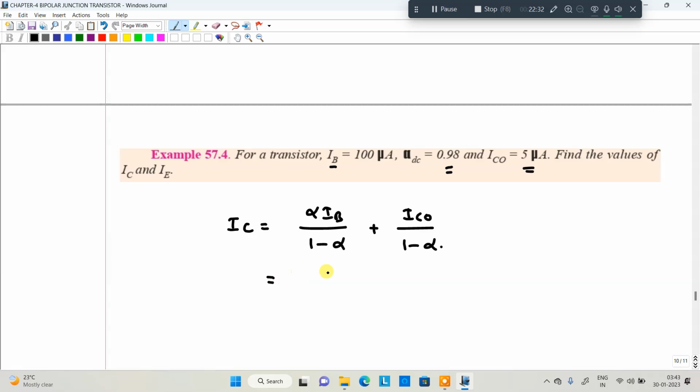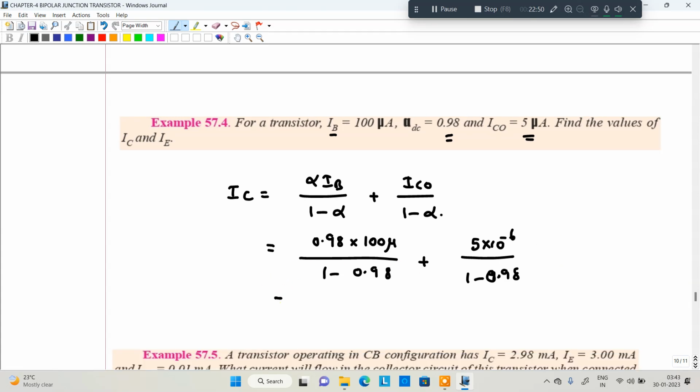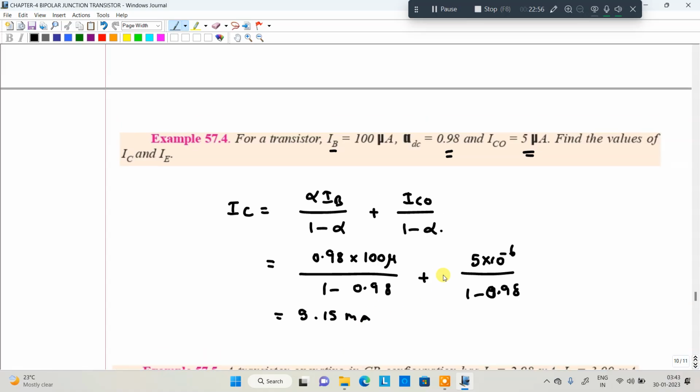What is the alpha value? 0.98. What about the IB value? 100 micro divided by 1 minus 0.98, plus ICBO, 5 into 10 power minus 6, divided by 1 minus 0.98. So if you do that, you will get 5.15 milliamperes, the value of IC.